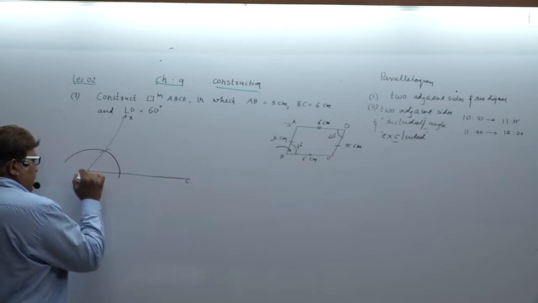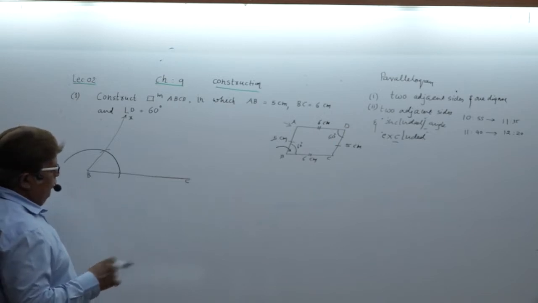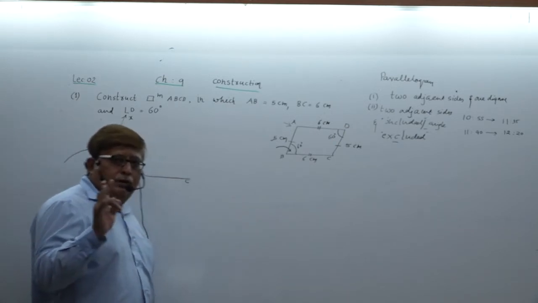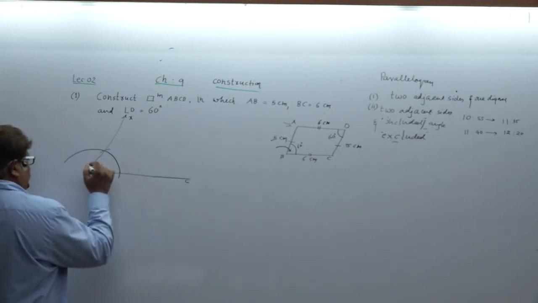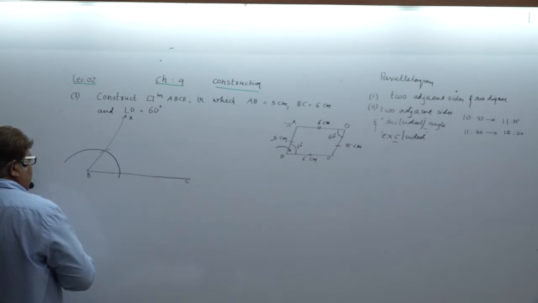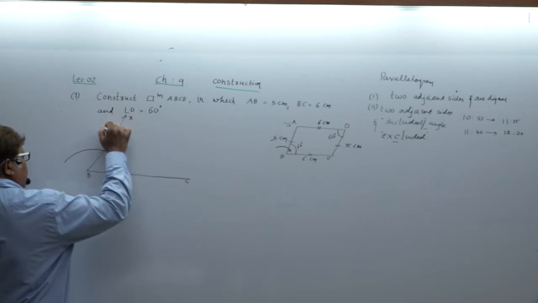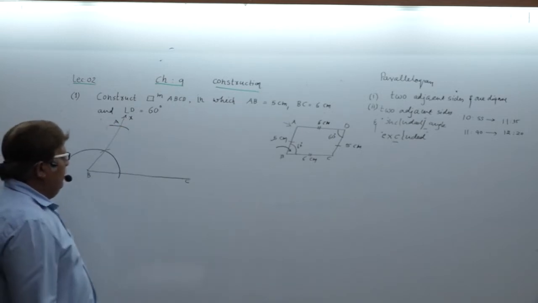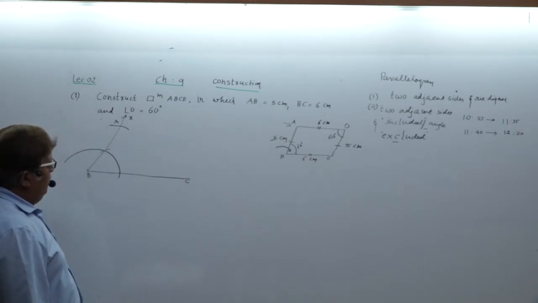Okay, take radius of 5 centimeter, center your compass at point B and draw an arc of a circle to intersect ray BX, which will give you point A. Understand? So point A you have already got.